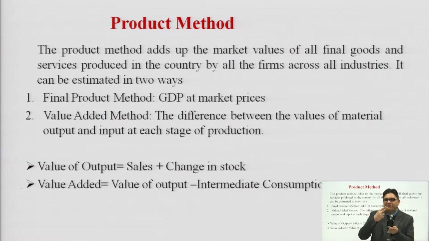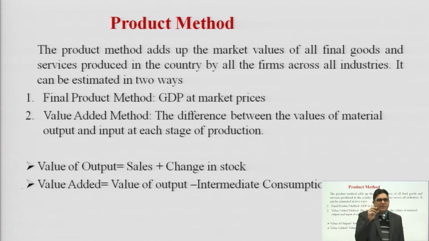For example, if at the first stage it was 1500 and at the second it is 2000, we need to take only the 500, because from 1500 to 2000 only 500 is being added. So, the value added method only takes the value addition done at each subsequent stage of production or of the supply chain management.